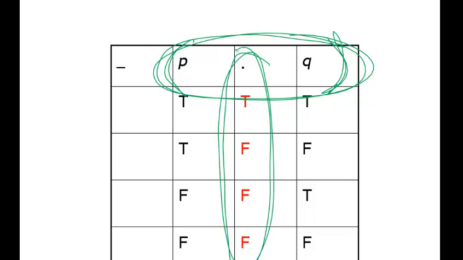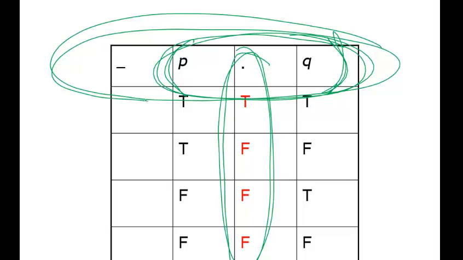What are the values of this bigger sentence, being not the case that P and Q? So how do we evaluate the negation of P and Q?